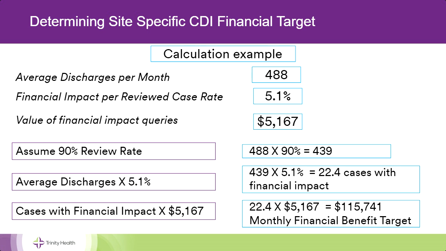In terms of site-specific CDI financial target, here is an example of how we do our calculations. We look at the average discharges per month by facility. We have our financial impact per reviewed case rate, which I've talked about is 5.1%, and then the value of our financial impact queries is $5,167 per query.